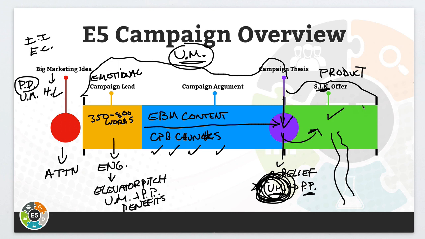So you heard me say before that the job of marketing is to make selling superfluous. The job of marketing is to make selling just a natural extension, a natural part of what you're doing. Well, when you use an E5 campaign, when you present your offer, your prospects are going to be grateful that you put together this offer for them.